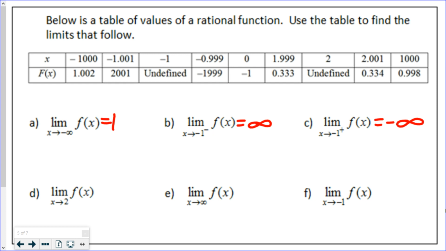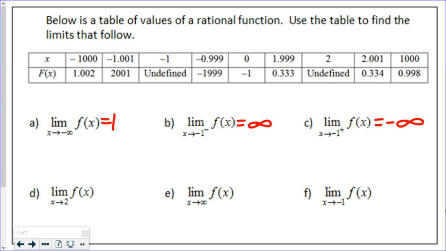Okay, perfect. What's happening at 2? Well, at 2 we have another undefined point, but the question is asking for the overall limit, right? It's not saying for the left-hand side or the right-hand side. Well, what has to be true about this? If we approach from the left-hand side and from the right-hand side, they have to be going to the same number in order for that limit to exist.